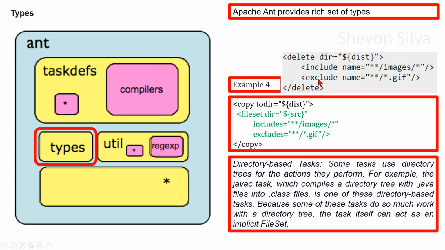Here, deleting the original set of files, the delete task can act as an implicit fileset.